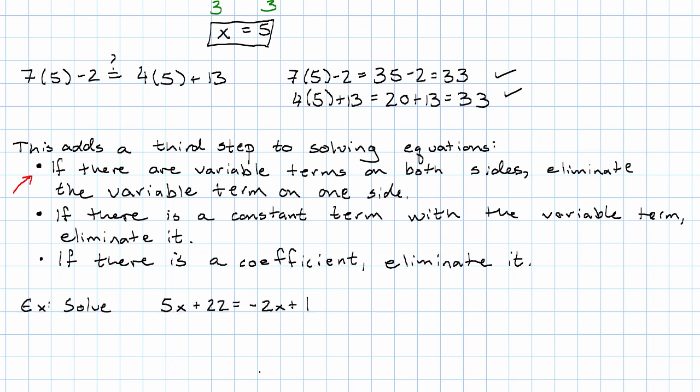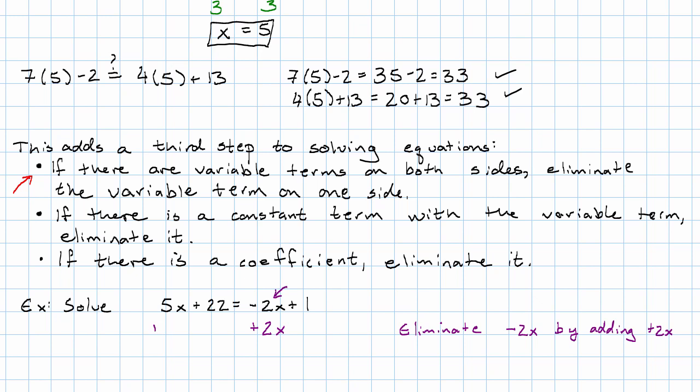Suppose we want to solve this equation: 5x plus 22 equals negative 2x plus 1. Our first step, we want to eliminate the x term on one side. We can pick whichever one we want, but I'll typically pick the one on the right. So I want to eliminate negative 2x. I want to do that by adding positive 2x on both sides.